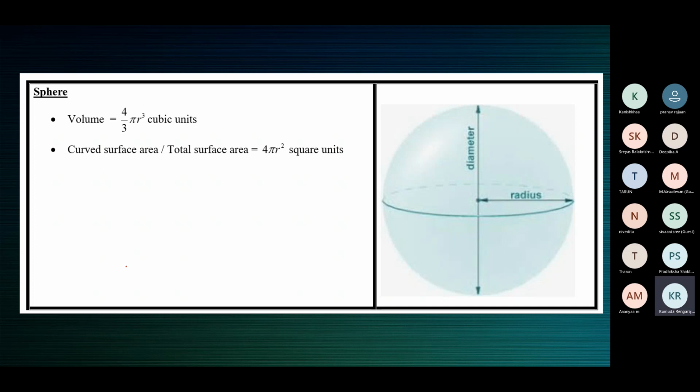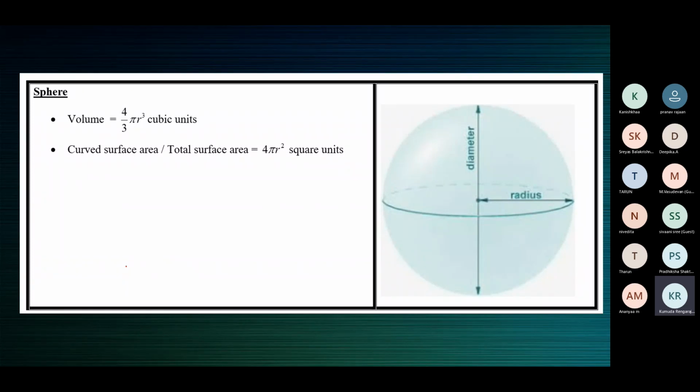That is given by the formula 4 pi r square, square units.